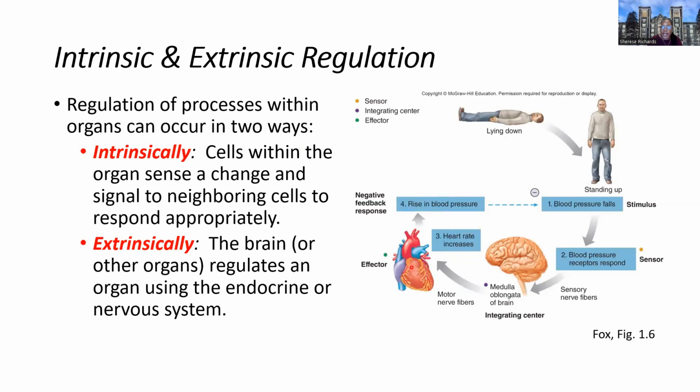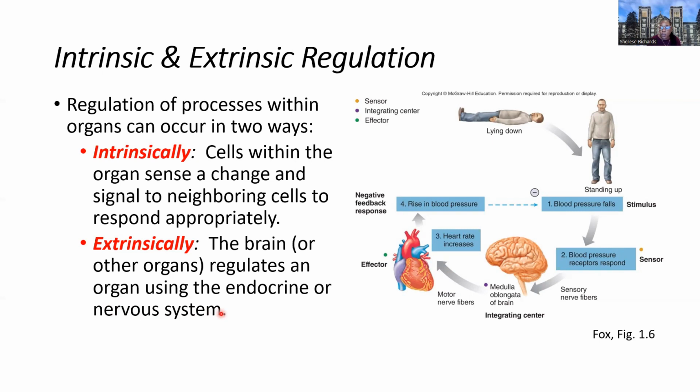Extrinsic would be other external factors. This can be other organs like the endocrine organs or the nervous system. And when we say endocrine organs, we mean glands, so maybe the pituitary gland or even the hypothalamus or the thyroid gland. So other organs outside of the heart can regulate the heart rate and rhythm as well. Another component of extrinsic regulation is the nervous system.